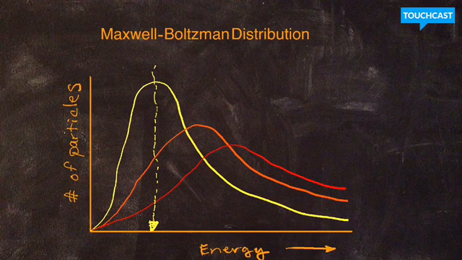But if you increase the temperature, the substance is going to record a higher temperature. Now we're going to have a kind of stretching effect. Something you should notice on this graph is that at zero energy, we have zero particles, because particles have to have energy.